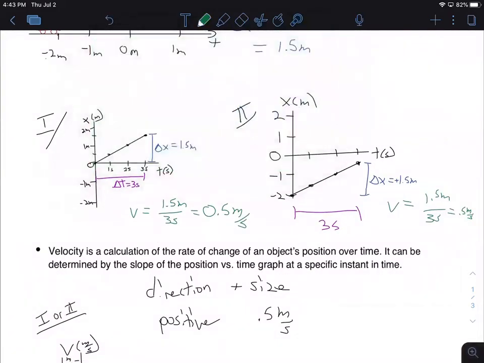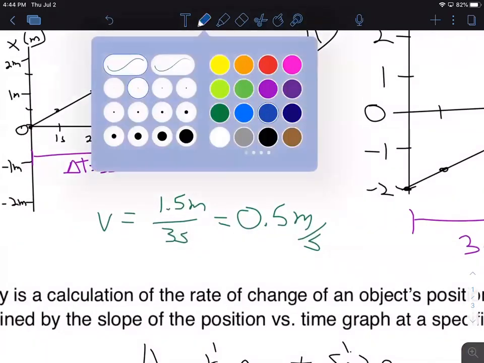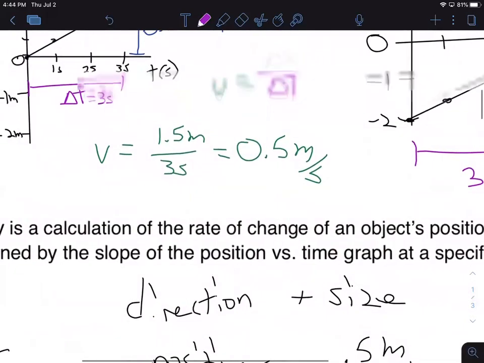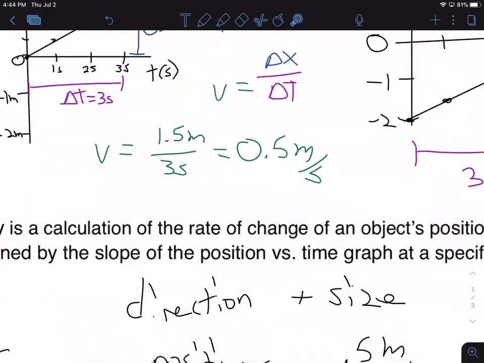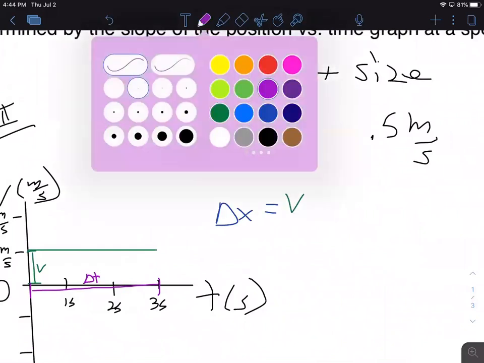We skipped writing it, but that was velocity is change in position over change in time. So now if I just rearrange that formula, if I multiply the t over, I can get delta x equals velocity times delta t.